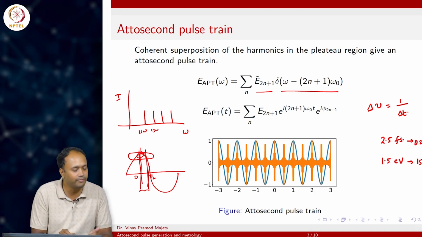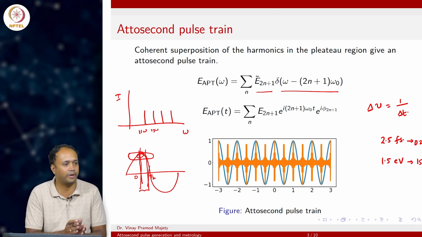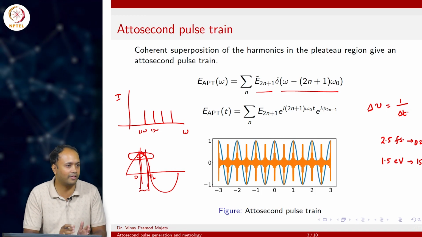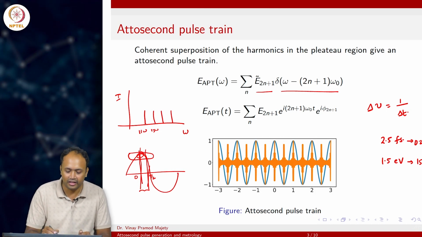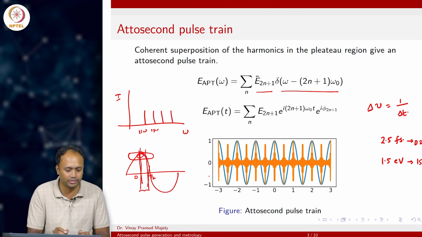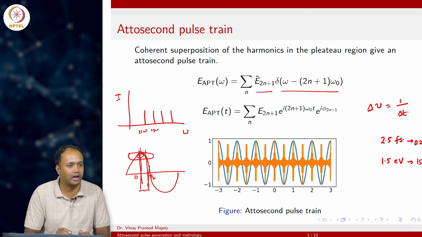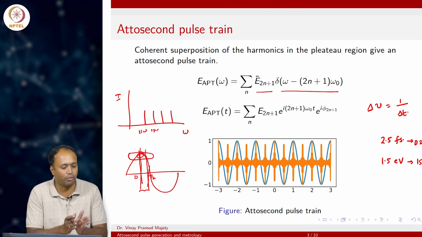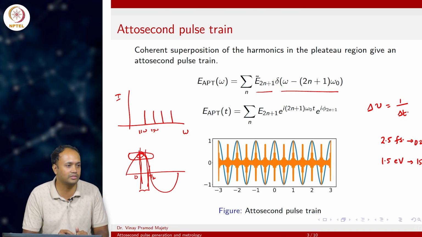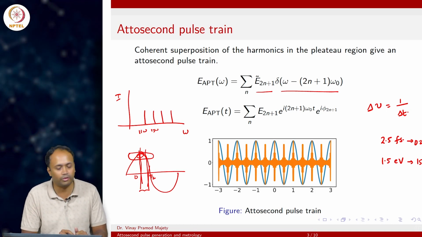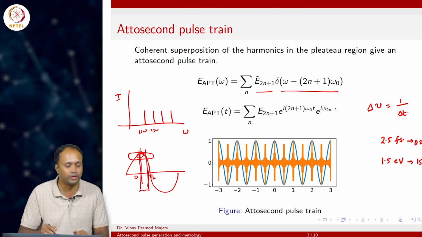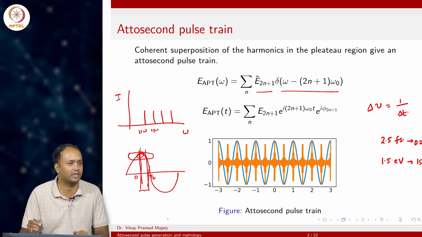So, within this time window I will have a spread of frequencies, which means I have a chirp. And I also have an attosecond pulse which is confined to a small portion of half a cycle of this driving laser field. So that is how you get an attosecond pulse train, because it happens at each half cycle.